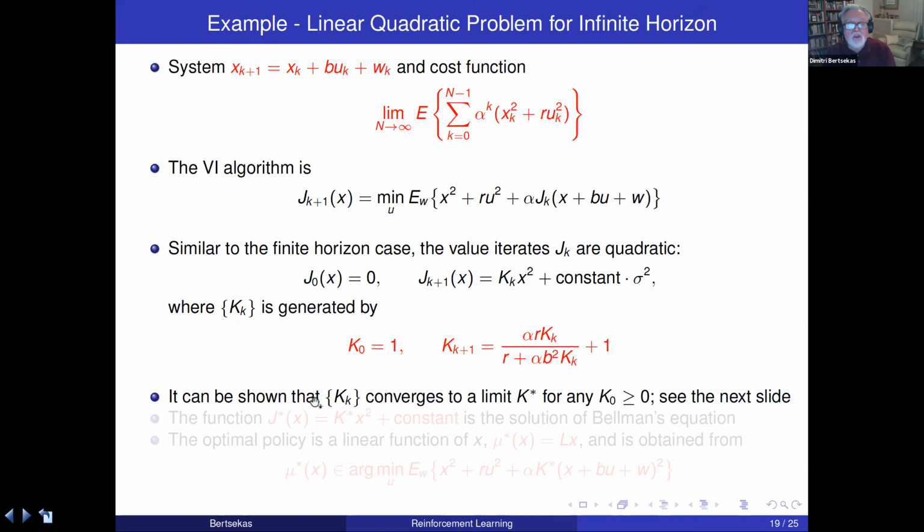And indeed it can be shown that the sequence of coefficients that value iteration generates converges to a limit for any non-negative initial condition. It doesn't have to be the zero, it can be also any positive number. And I'll show you a proof of that in the next slide, or a visualization of that.